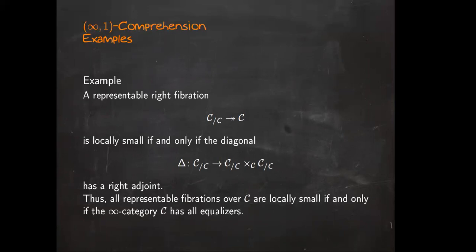But the diagonal has a right adjoint if and only if equalizers for arrows with domain C exist, right? So we get the consequence that all representable fibrations over category C are locally small if and only if C has all equalizers.